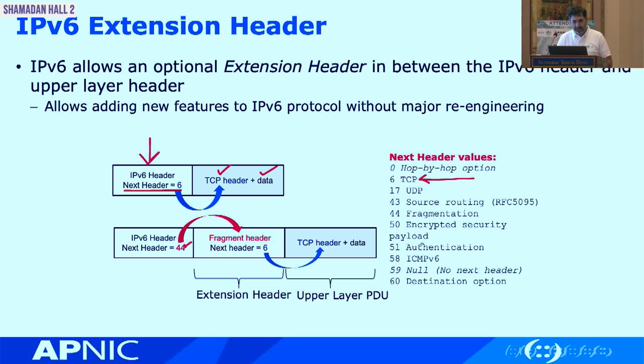According to our need, whatever next header we are going to use, we have to specify accordingly. If we are sending an ICMP packet, then we have to specify 58. If we are using encryption, then we have to select 50 to encrypt it, and for authentication we have to use 51.